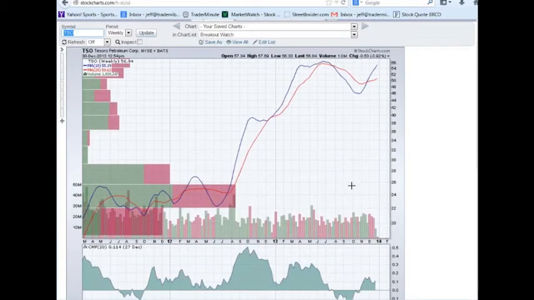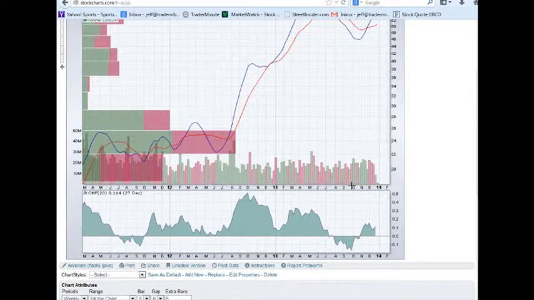Something like Tesoro. One of the new things with Tesoro this year, that last run Tesoro made in October, it took the Chaikin Money Flow from negative to positive. You'll notice that even on a weekly basis, and this might change a little, we're pushing up above 0.1 a little bit. This is very positive overall for Tesoro.